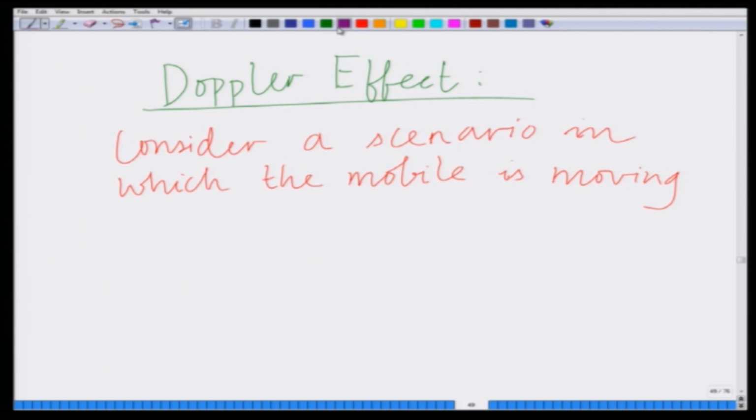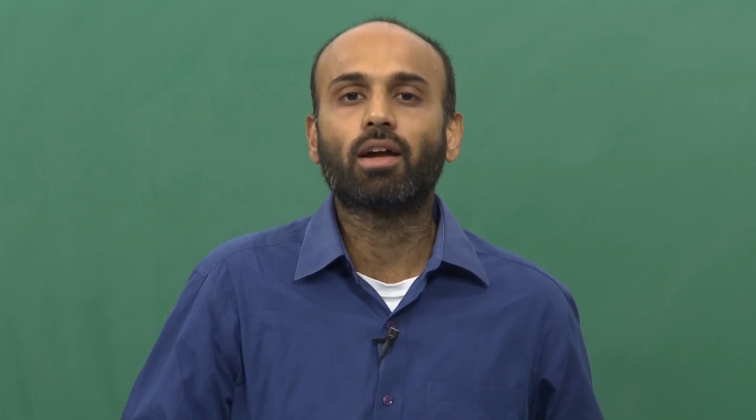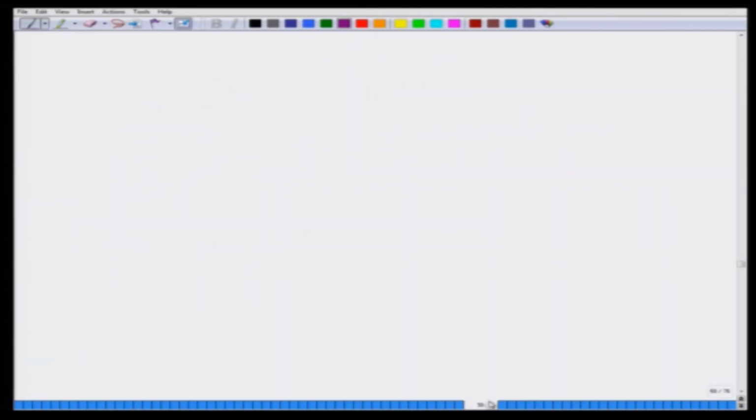That is basically to say the wireless user is in motion, there is relative velocity, there is relative motion between the transmitter and the receiver, or there is a relative motion between the base station and the mobile, because the user is moving, correct. And let me just schematically depict the scenario here.